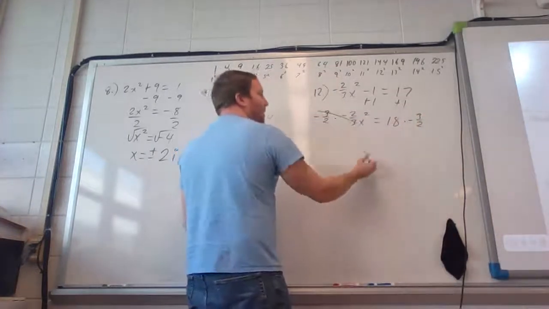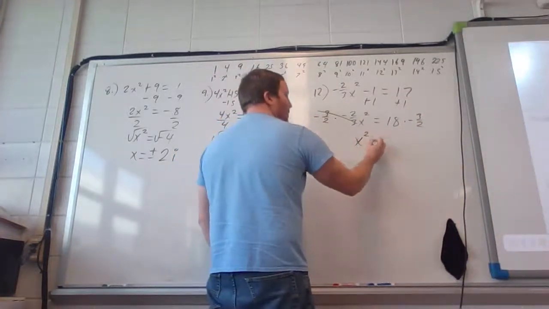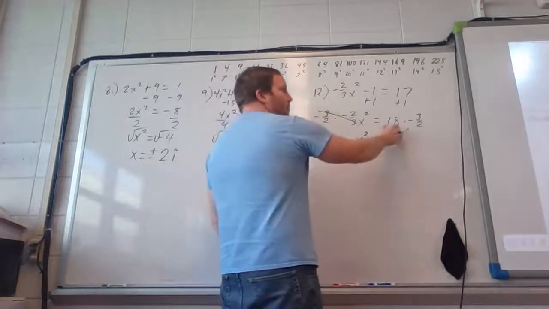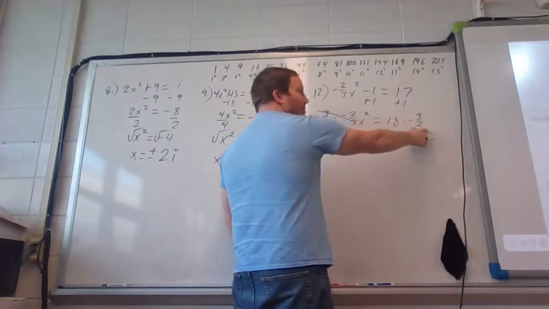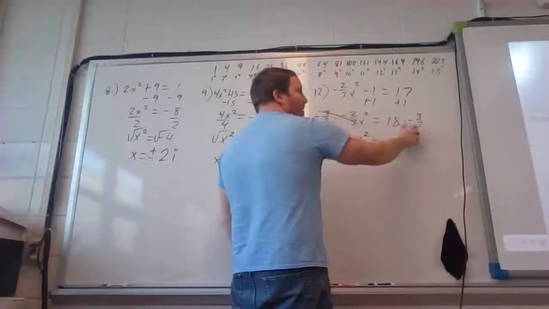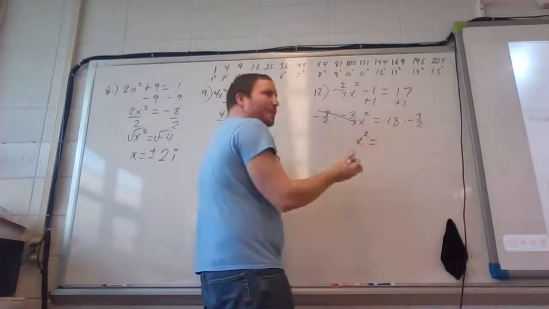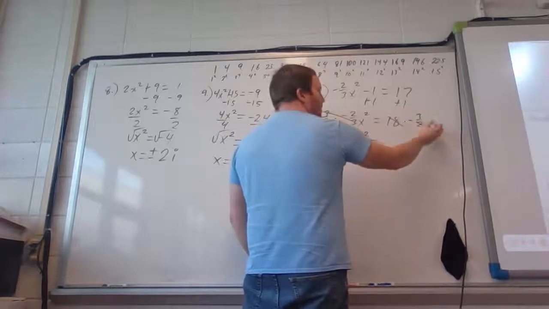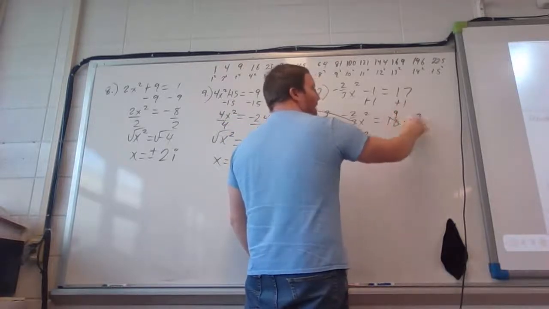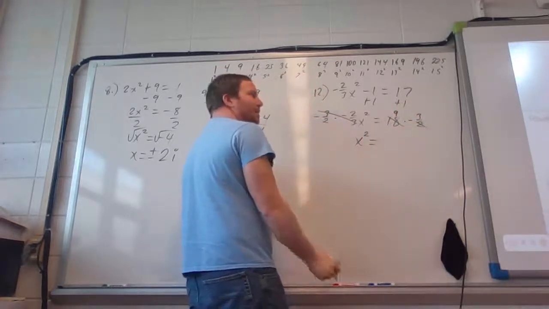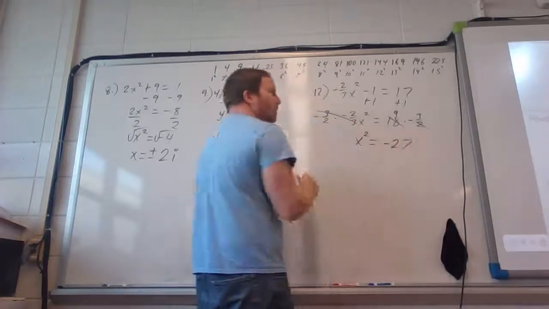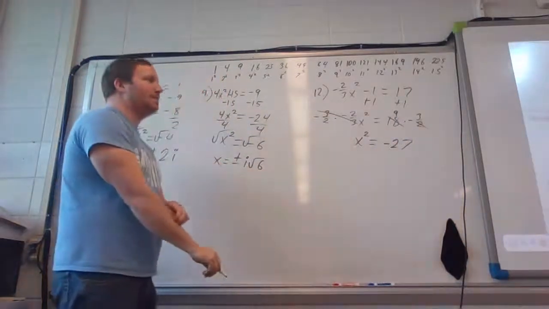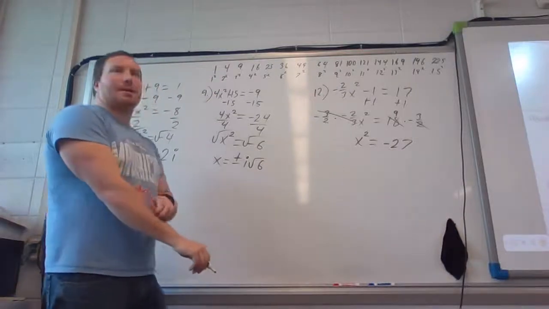So that cancels that out. Just that x squared. So we're kind of thinking about this two different ways: 18 times 3 and then divide it by 2. Or I can take 18 and 2, I can reduce those both by 2. So 18 becomes 9, and 9 times 3 gets us a negative 27. Then we can take that square root.